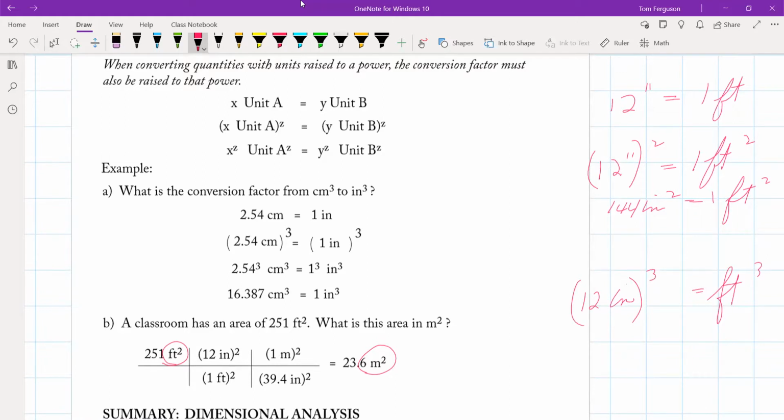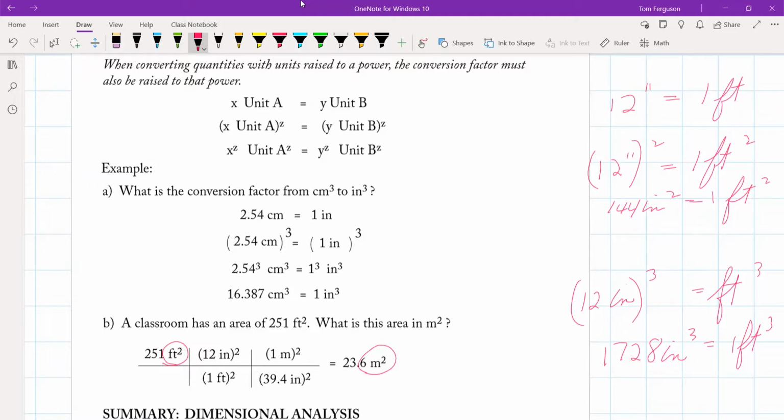So that would be 12 times 12 times 12, which would be what? 1,728 cubic inches equals 1 cubic foot, which is like, wow, that's a big number. But it's 12 by 12 by 12. And you need to understand that when you're doing this.